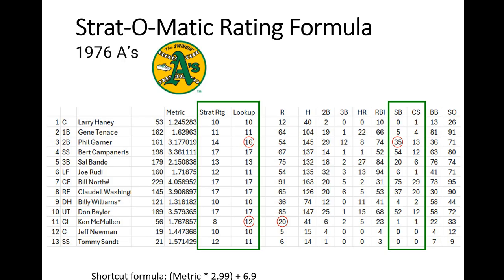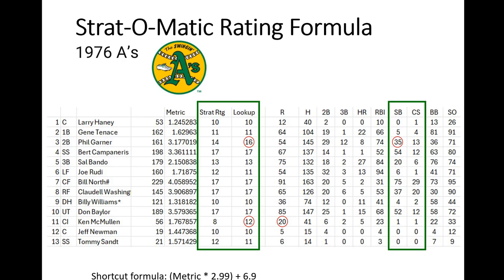You've got Phil Garner here, where the lookup is giving him a 16 rating, which is pretty fast. And I think that's just driven by the fact that the formula gives some weight to stolen bases. And Garner did have third highest number of stolen bases on the team. It looks to be maybe about a 70% or 72% success rate, which is pretty good.